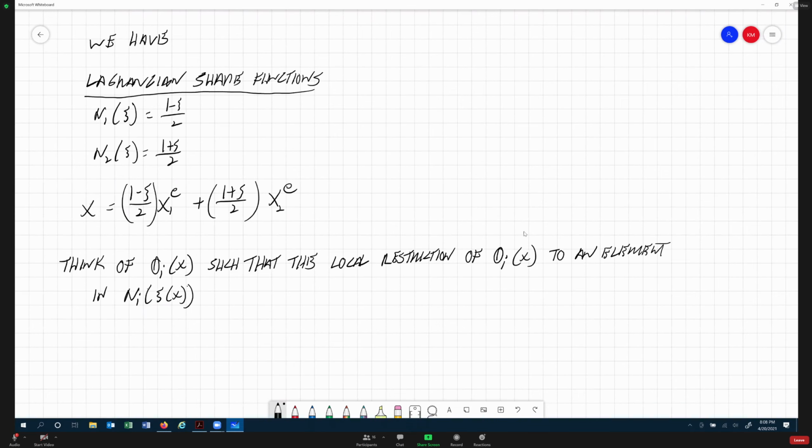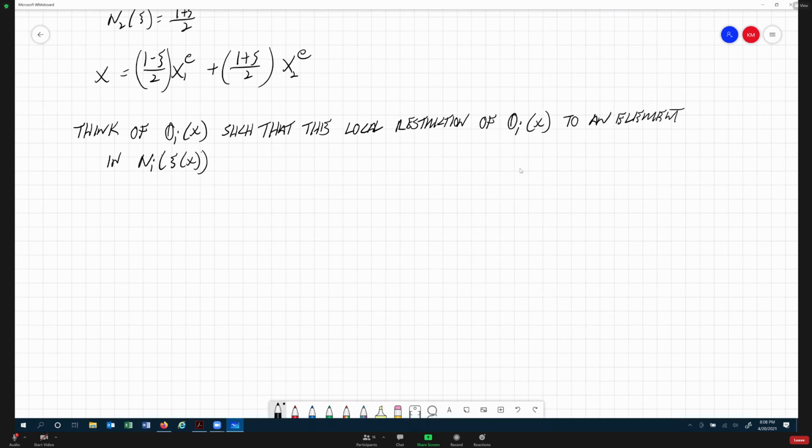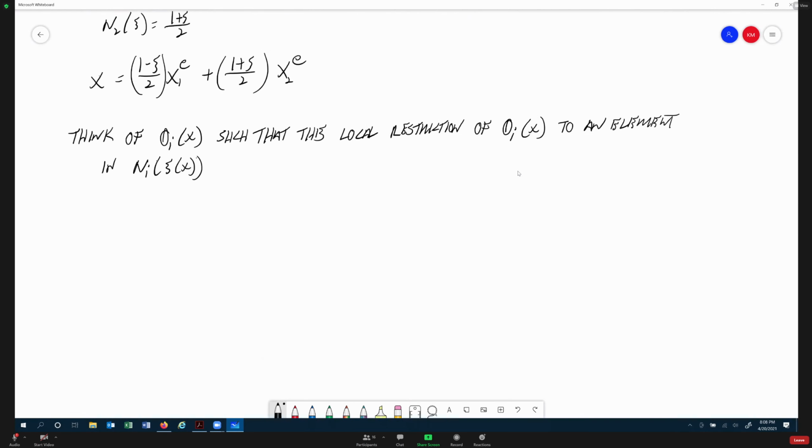And essentially what we get, so let's say that this is node 1, 2, 3, 4, 5.